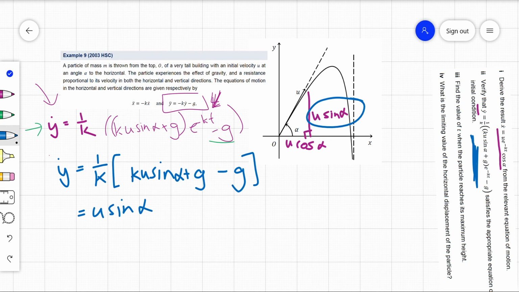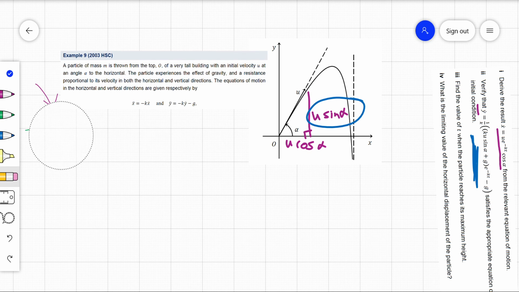So part 3 then, find the value of t when the particle reaches its maximum height. Now we know when it reaches its maximum height, y dot should equal 0 because it turns around, so its vertical velocity is 0. So let's use that equation that we just had and make it equal 0.